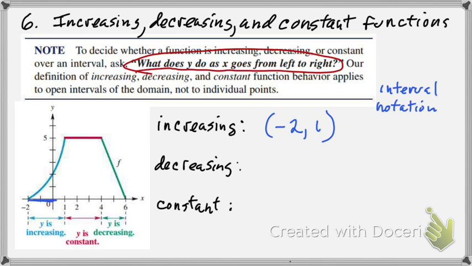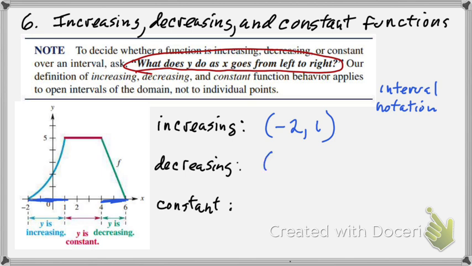But when x is in between here, then the y's are increasing. Okay, decreasing. What do you think? 4, 6. Okay, in this interval right here, the y's are always getting smaller, always getting smaller.